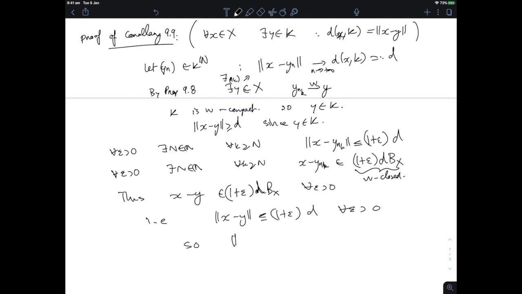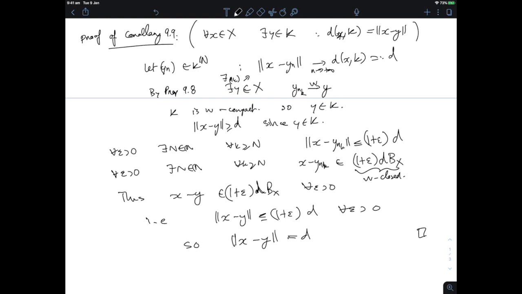And so x minus y in norm is exactly equal to d. Okay, so we do have a point that realizes the infimum. We get it by taking a subsequence and approaching the limit and using the weak compactness. However, we are not sure that this point is unique.